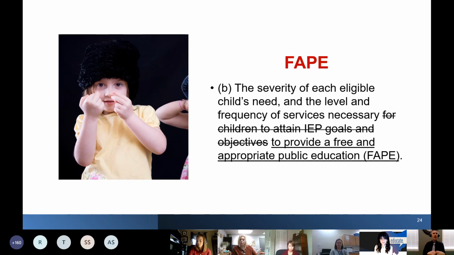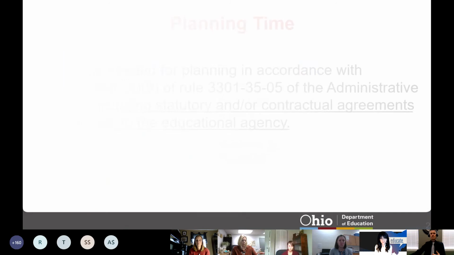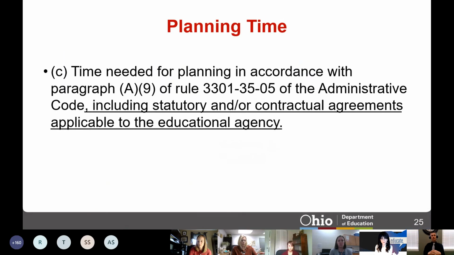It's not just about how much time I'm working, but is my determination calculated in such a way that I'm able to do that most important thing, to deliver FAPE? Is the determination made in such a way that not only can I deliver FAPE, but I can deliver FAPE in the child's least restrictive environment? And also, is the child making progress towards the goals that were determined on the IEP?